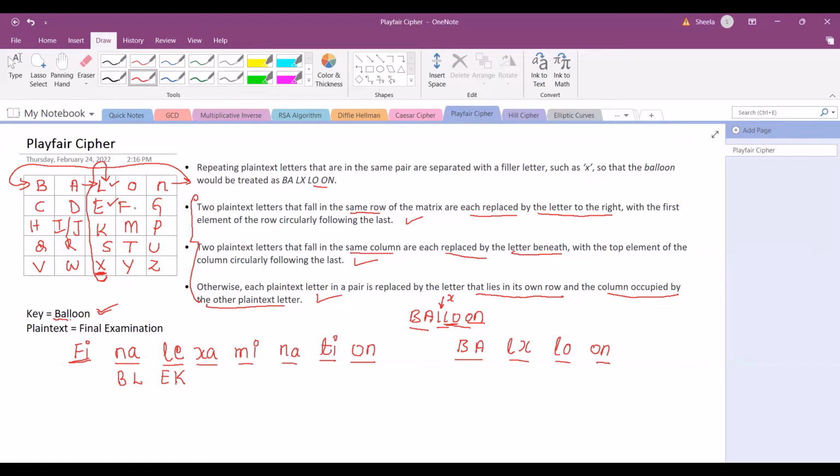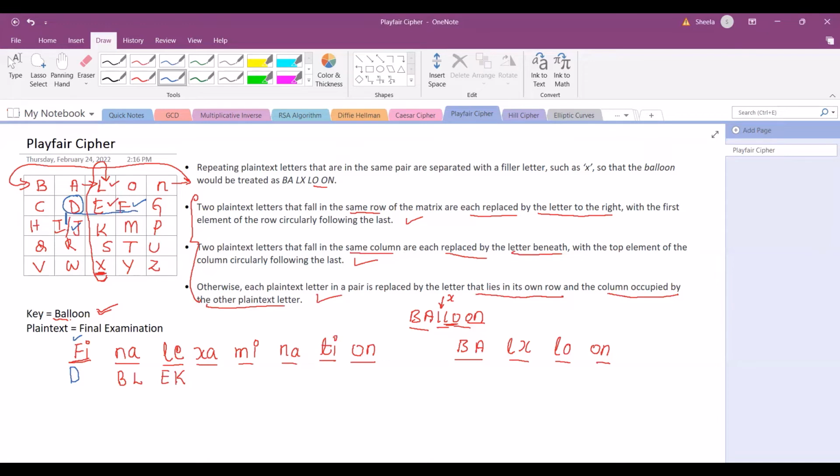Here F is in one column and I is in another; both are in different rows and different columns. To encrypt the letter F, I need to consider the row of F and the column of I, and we get the ciphertext letter D. So F is replaced by D.